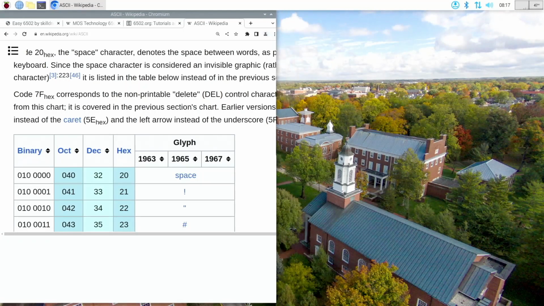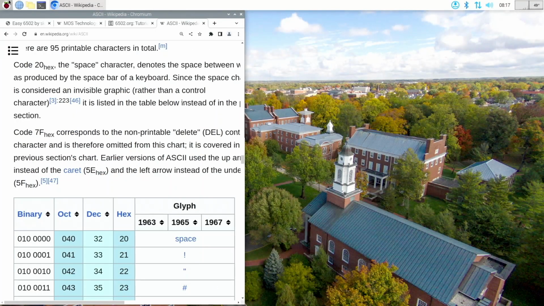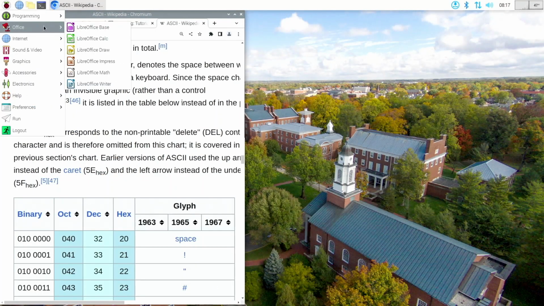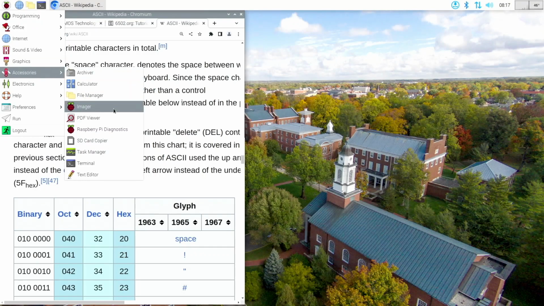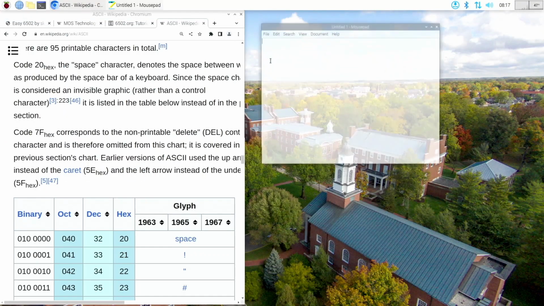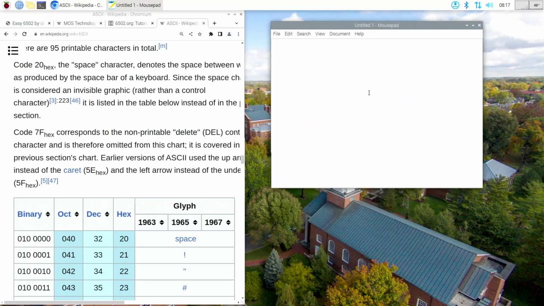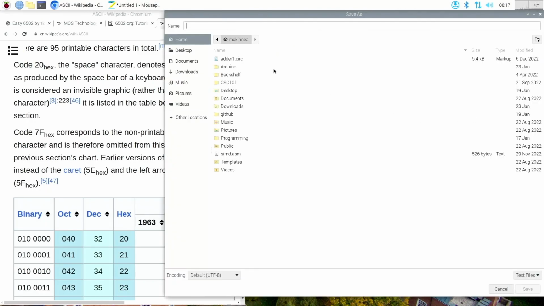because I want to open up a text editor here. Okay, so let me save this, and I'll just save it to my home directory.